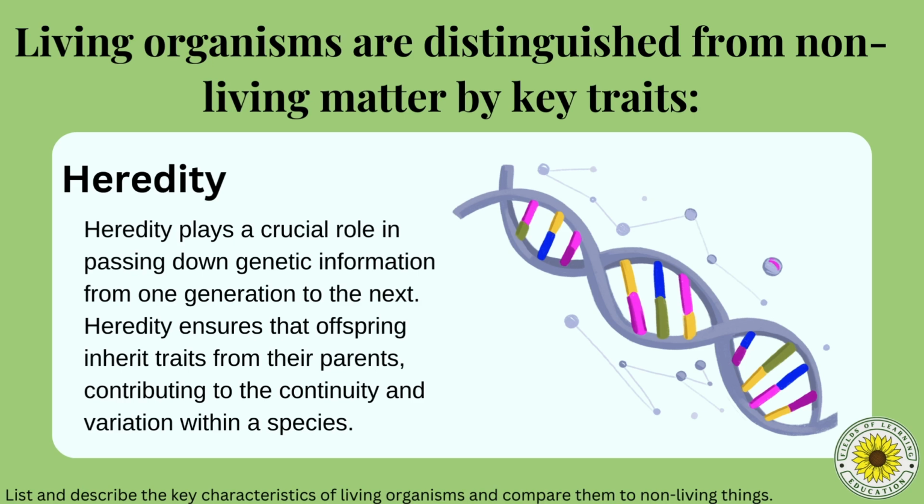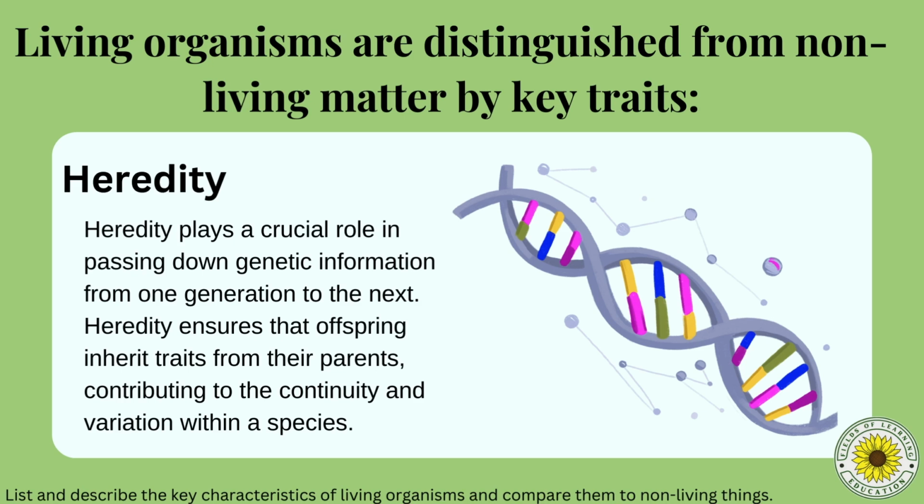So, without heredity, we wouldn't be able to evolve and wouldn't be able to have these really big changes in DNA or DNA structure that allow for positive interactions with our environment. So, those are the key traits that distinguish non-living matter from living organisms.